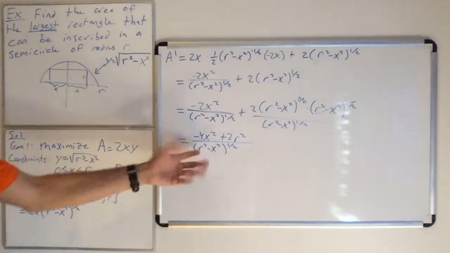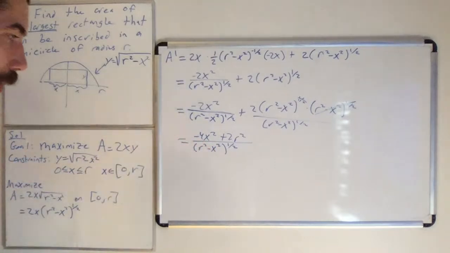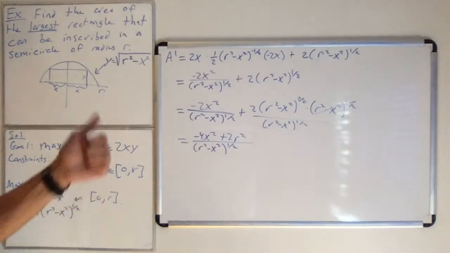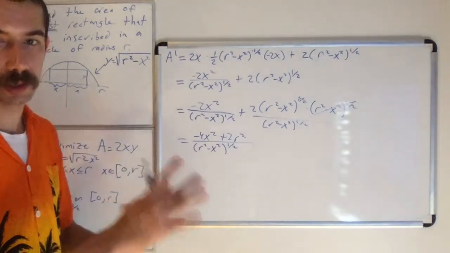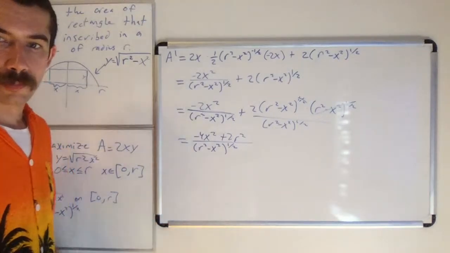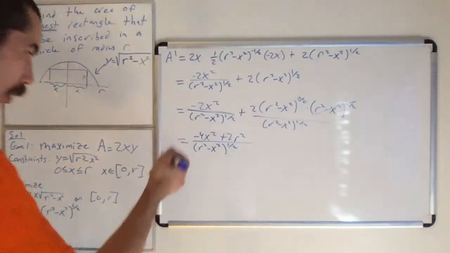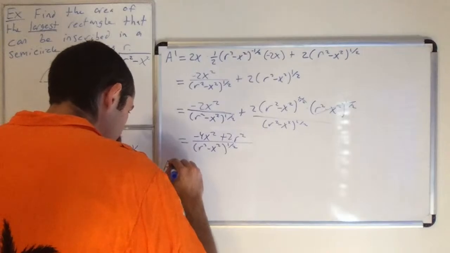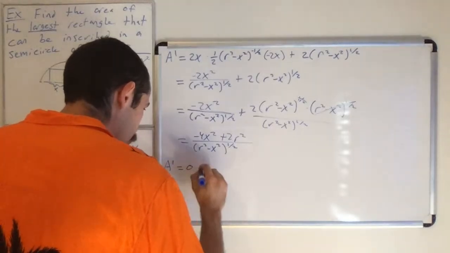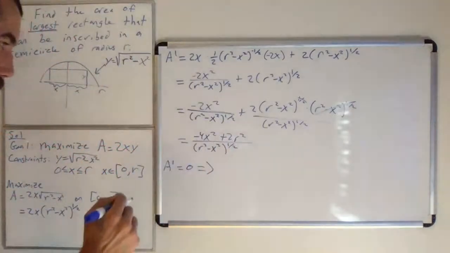Yeah, and if our critical numbers are out of our domain, we don't have to care about them. But yeah, we still have to figure out when our derivative is 0 or undefined, just like we did in the past. So let's start with when it's 0. So A prime equals 0. That implies that our numerator is 0.